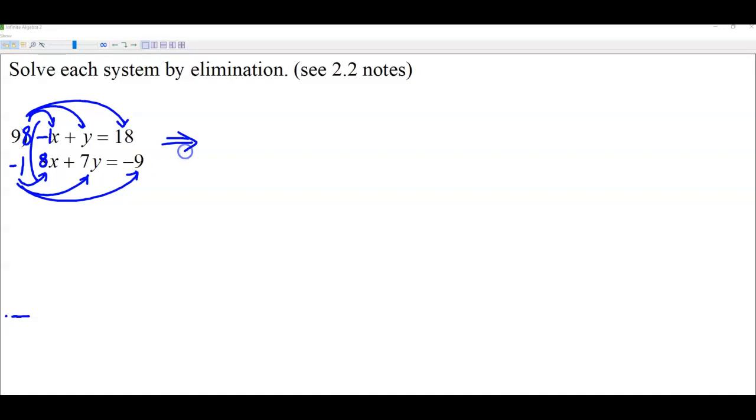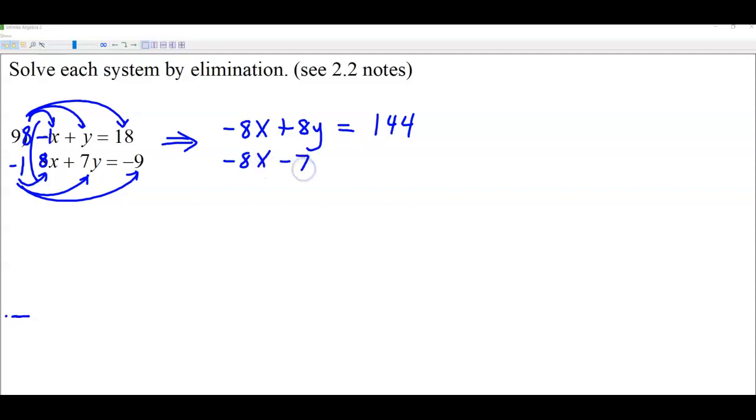That's going to give me the following new equation, -8x plus 8y equals, and that's going to be a pretty big number, 64 plus 80. I want to say 144. On the bottom, if I multiply everything by a -1, I get this.